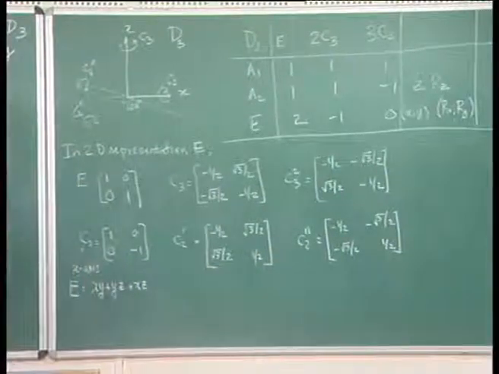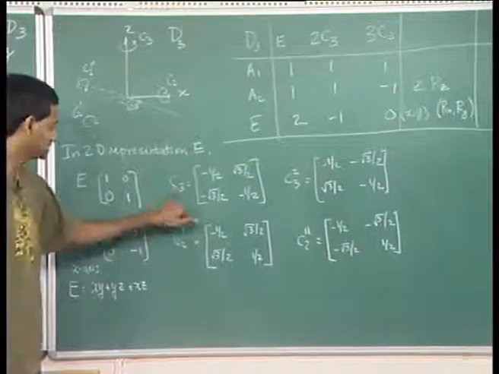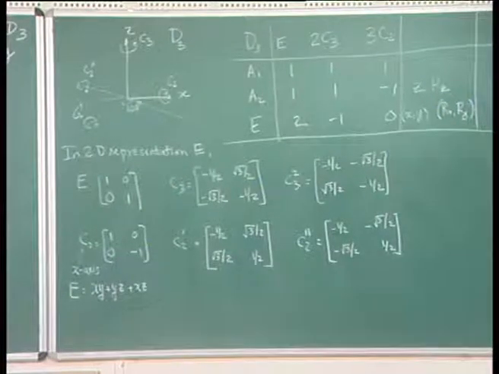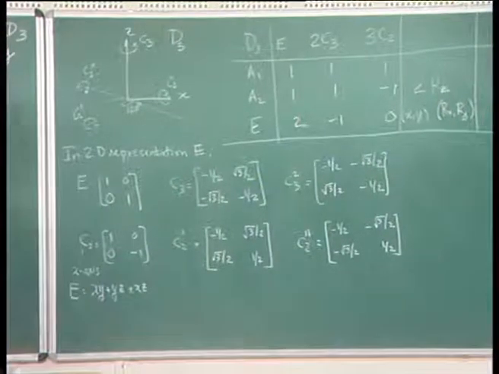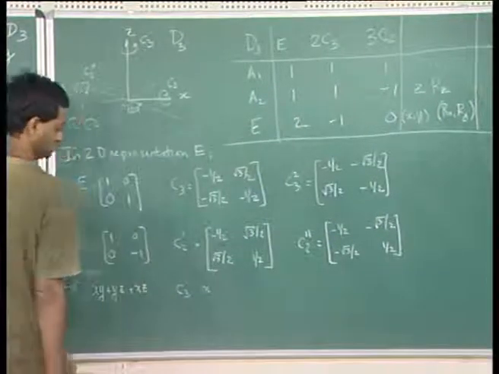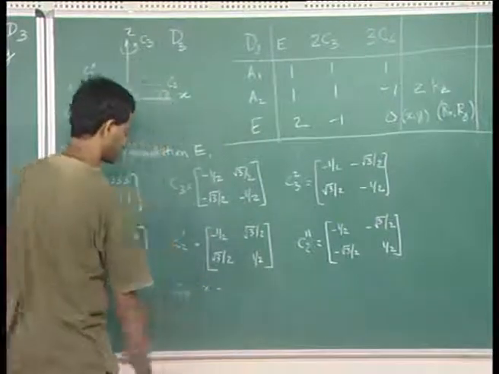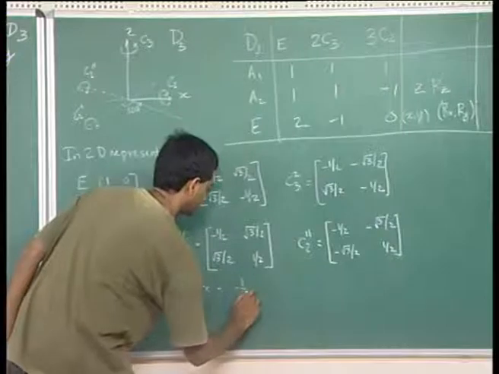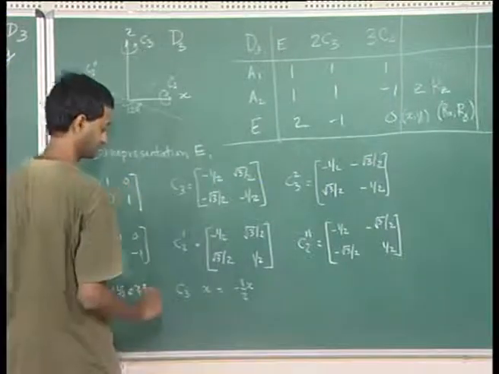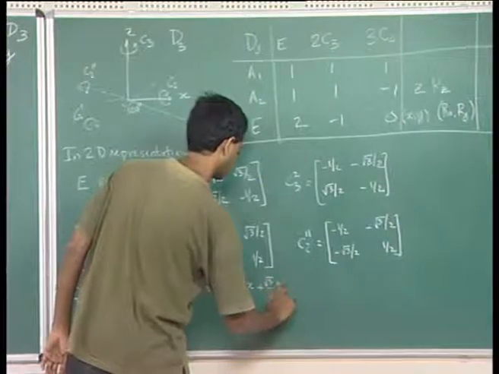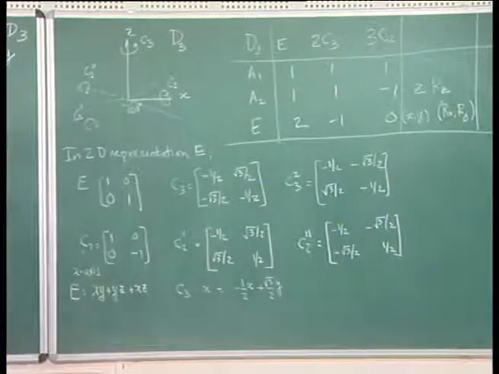So you just need to know how these operations act on the coordinates. Now you can immediately see that when C3 acts on X, it will give you minus half X plus root 3 by 2 Y. That is what it gives you.